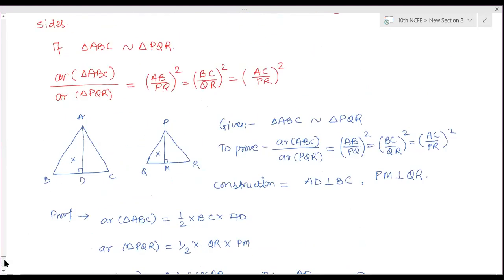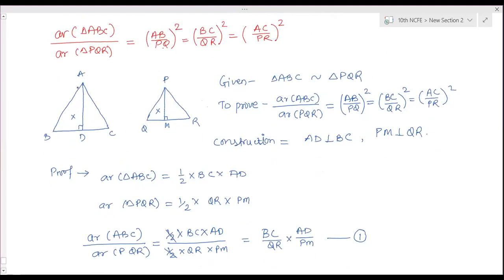So for that reason, we have to show ABD triangle and PQM triangle similar. How can we show that? Ratio is not needed. This is not a median. D and M are 90 degrees.